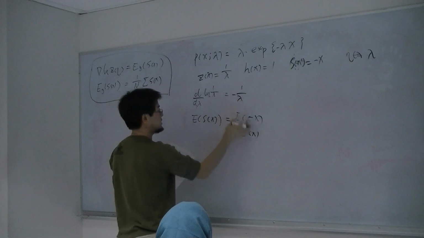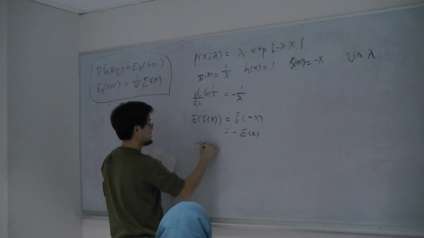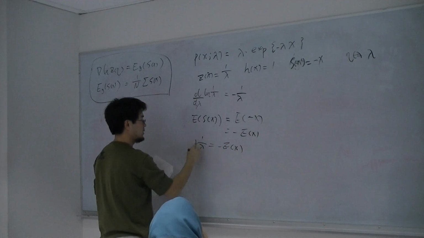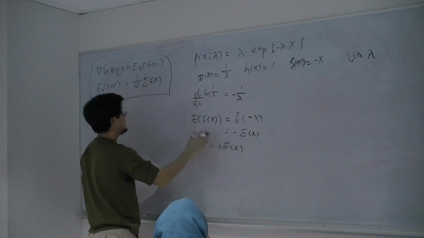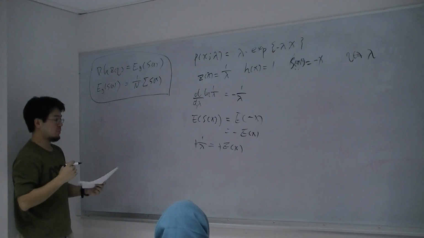According to this, these two should be equal, so minus 1 over lambda is equal to minus E[x]. So the expectation of x in this distribution should be equal to 1 over lambda.